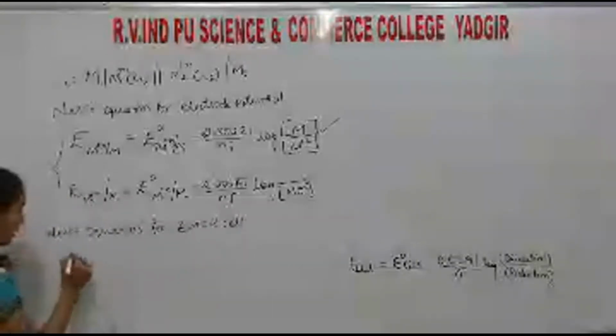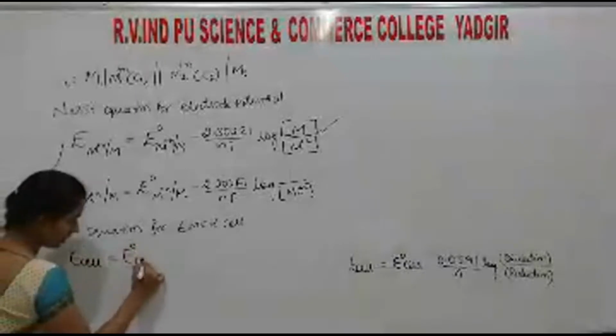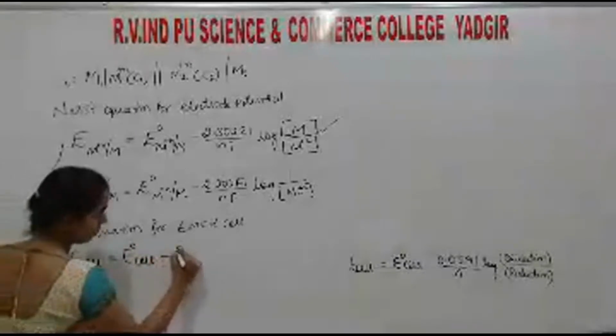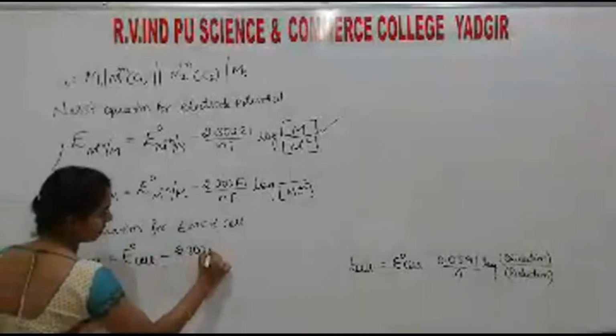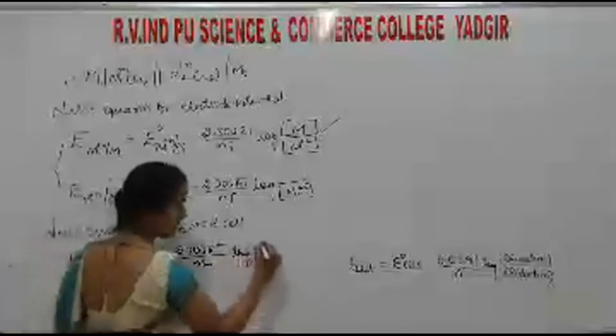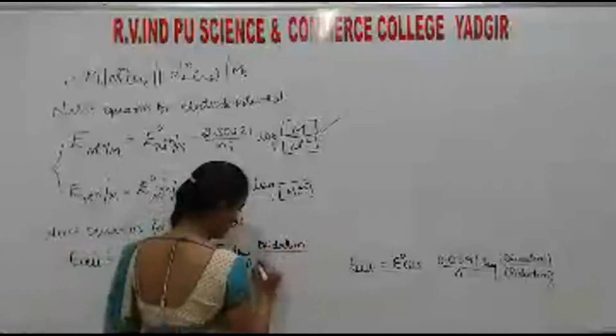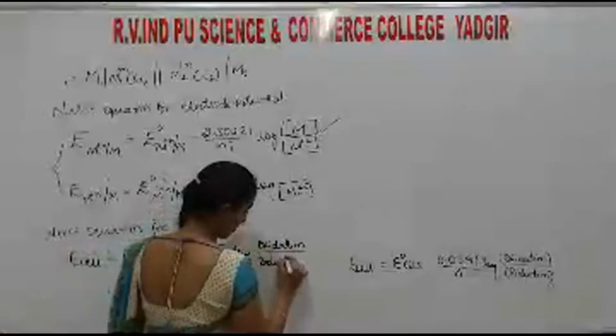Complete cell: E cell is equal to E naught cell minus 2.303 RT divided by NF log oxidation by reduction.